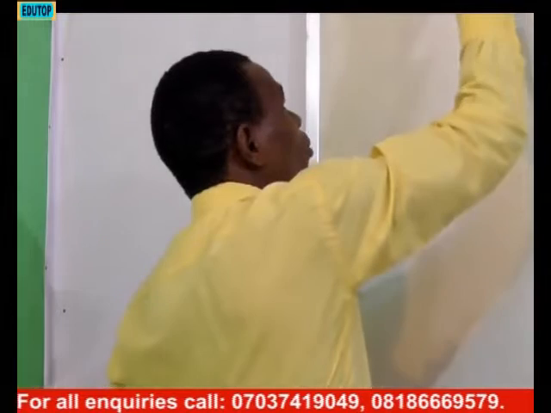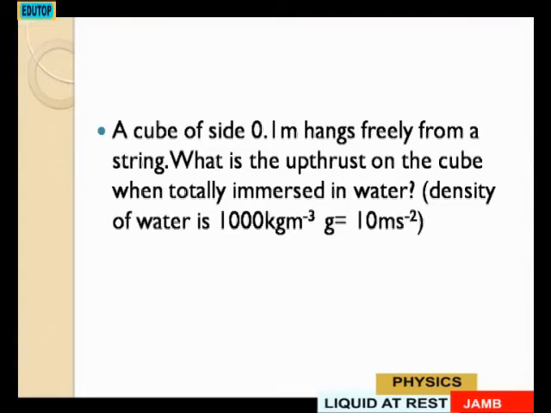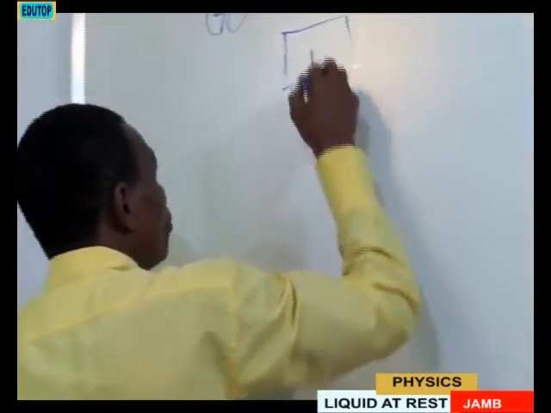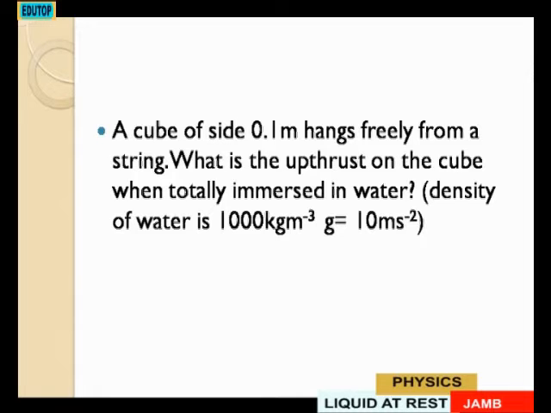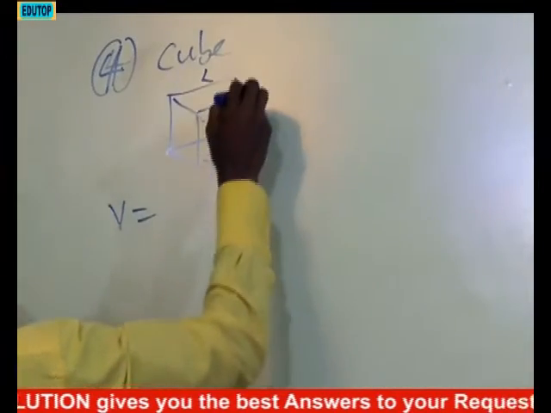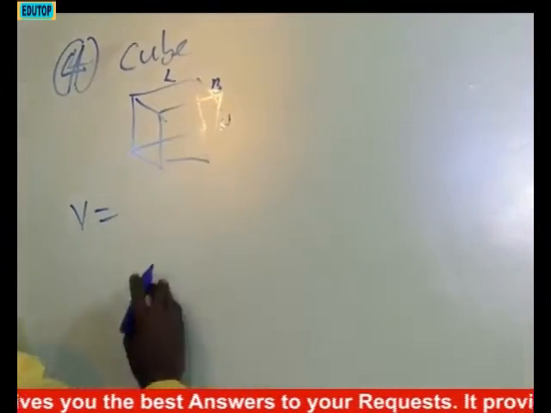Question number 4. A cube of side 0.1 meter hangs freely on a string. What is the up thrust on the cube when totally immersed in water? We are dealing with a cube. When we are talking about a cube, we have a volume, which is the length, the breadth, the height.